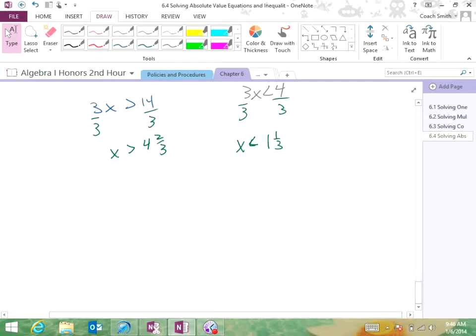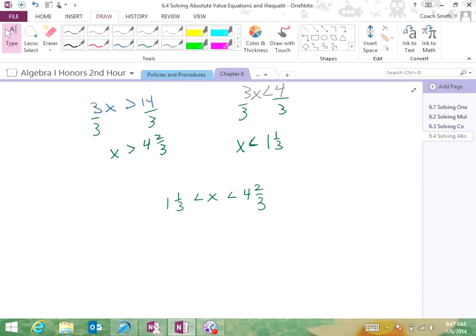Okay, so can I take my smallest number, 1 1/3, and put it like this? Is that a true statement? No, that's not. But that is an and statement: 1 1/3 less than x, less than 4 2/3.